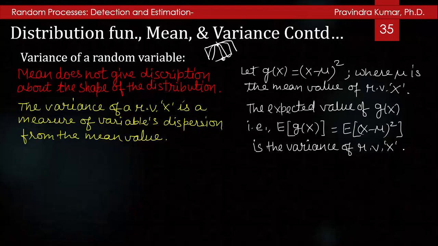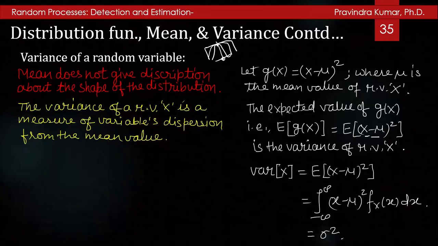The expected value of g(x), meaning the expected value of (x minus mu) whole square, is the variance of the random variable. So variance is the integration from minus infinity to infinity of (x minus mu) whole square into the PDF, and this is denoted as sigma square, the variance.